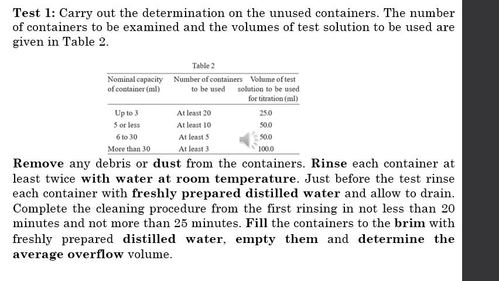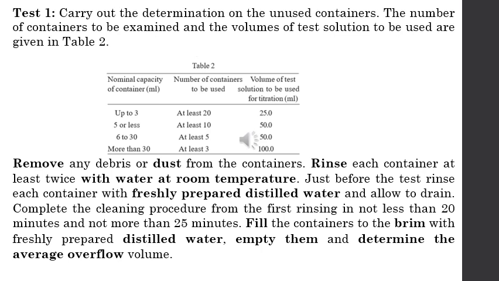The first test is determined on unused containers. The number of containers and the volume is given in this table. If the capacity of the container is up to 3 ml, we take 20 containers, and the volume used for titration is about 25 ml.